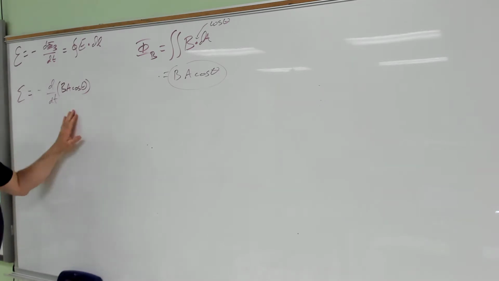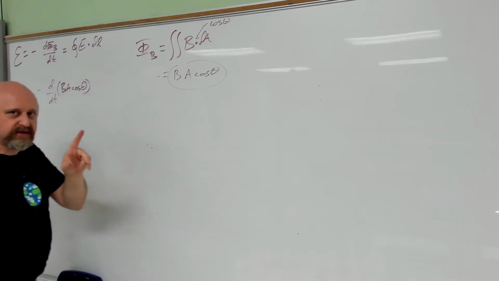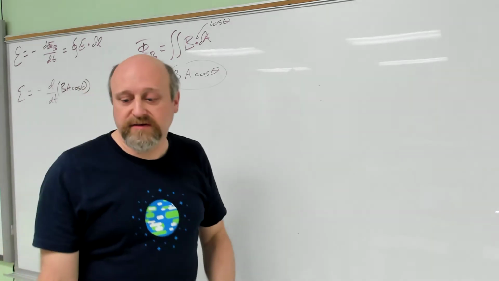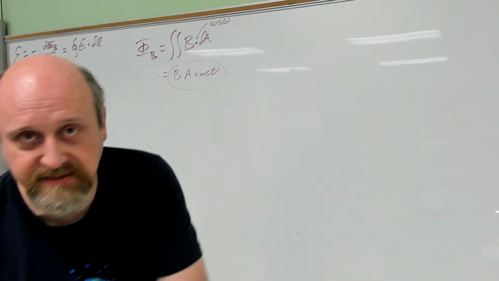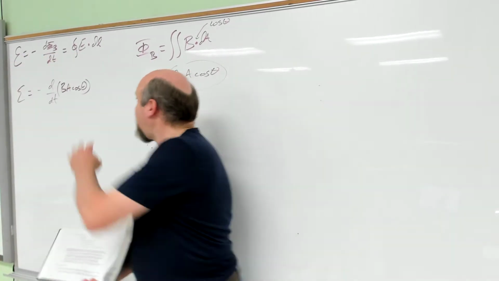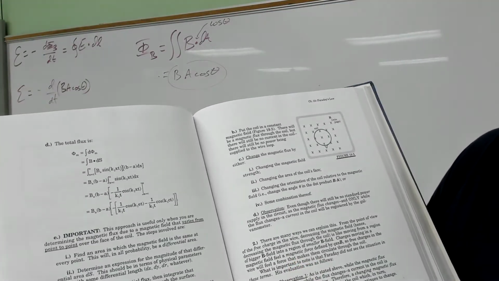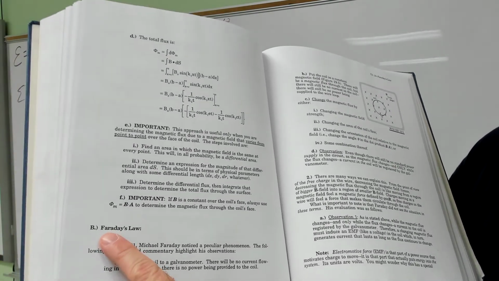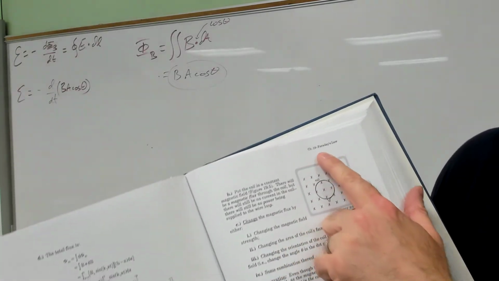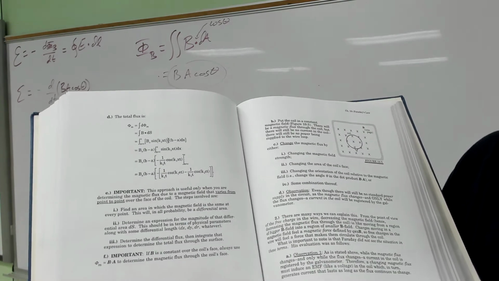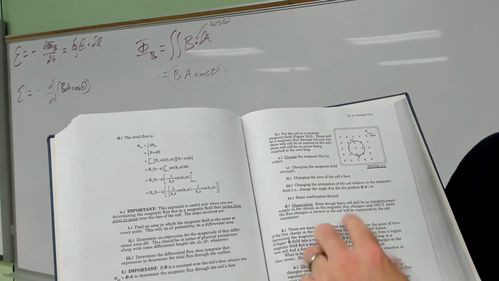What I want to say about this, and I don't want to do much more with it at the moment, is that your text, Fletcher, does a fantastic job of talking through how to work with this, and I'm really happy with Fletcher's presentation of it. Here we go. This is in chapter 19, Faraday's Law, section B. Here he talks about what you can do to make that voltage.